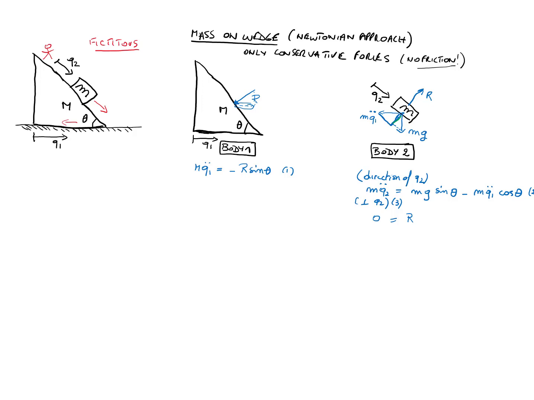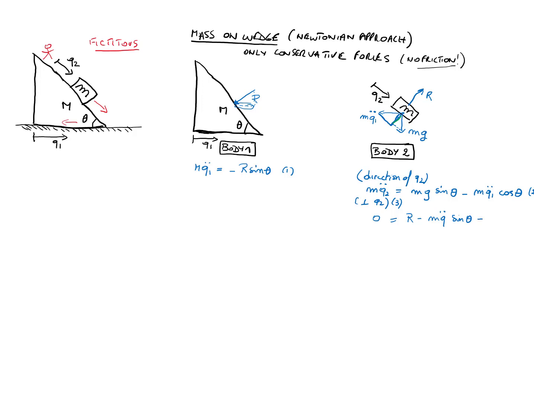Okay, let's start with the one that is related to this fictitious force. So that's m Q1 double dot, and it was a cosine here, it will be a sine over here.